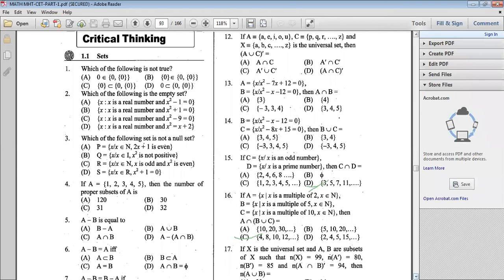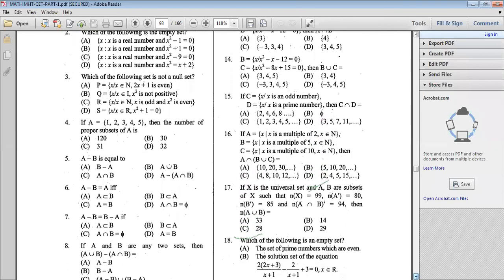Yes, sir. Now look at the 16th problem. Set A, that is x, where x is the multiple of 2. I think we did this problem earlier. B, that is x is the multiple of 5. C, which is the multiple of 10. What about A intersection B union C? It will be B or C, look. B is the multiple of 5.